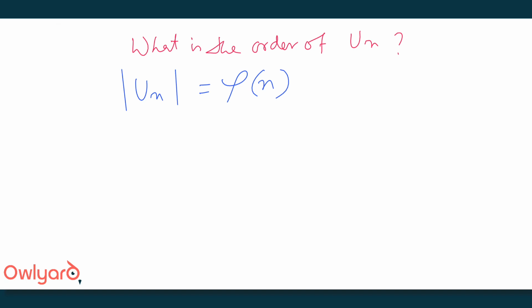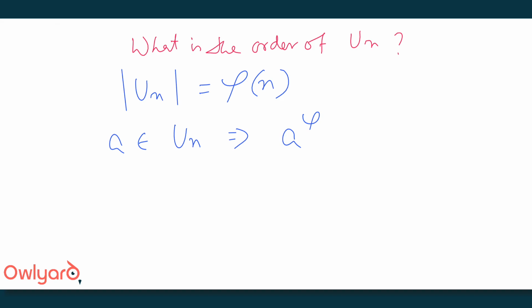Great. Now, what it essentially means, if we apply Lagrange's theorem, is that if A belongs to u_n, then I can think of the group generated by A, which is going to be a cyclic group under u_n, and it's going to be a subgroup of u_n as well.